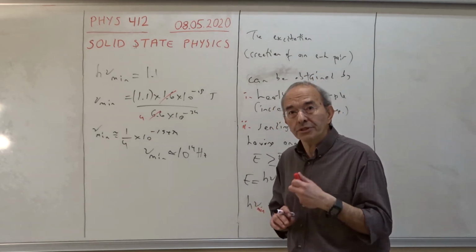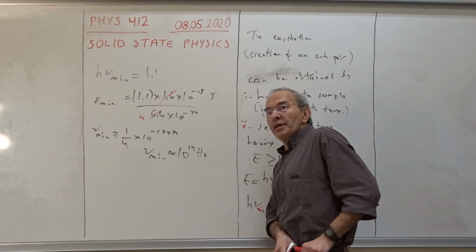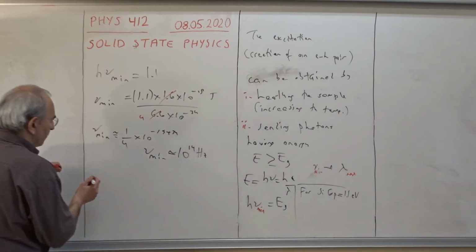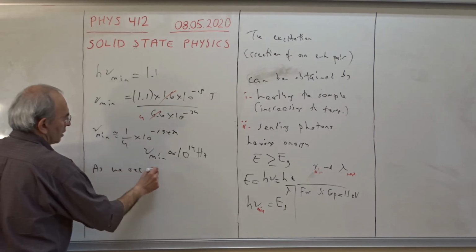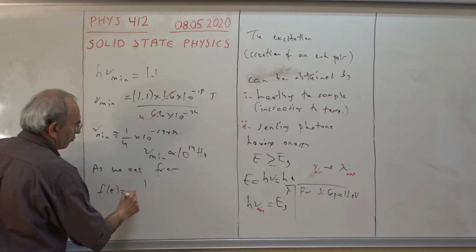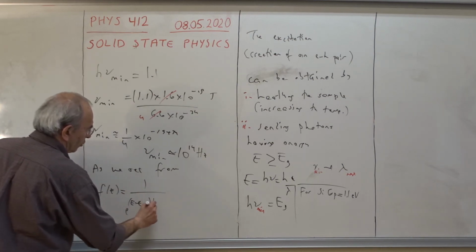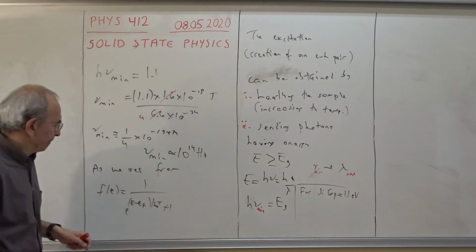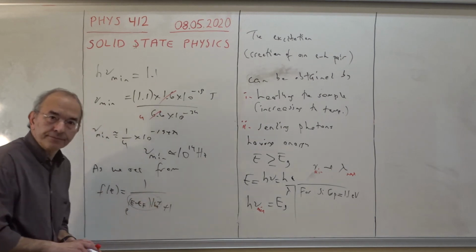What about the temperature dependence? Let me continue. The temperature, as you see from the formula, which formula? Fermi-Dirac distribution, 1 over e to the power (E minus E_F) over k_B T, plus 1. As you see, there is a ratio.